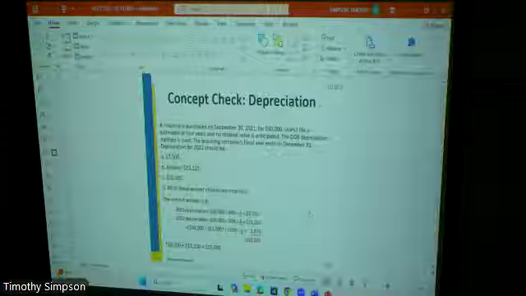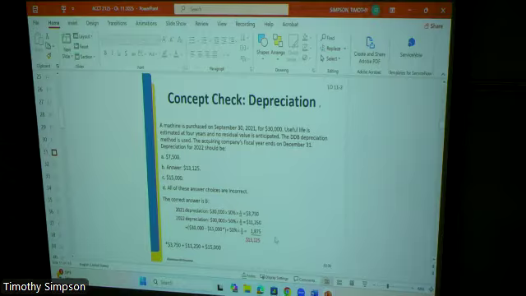And this is important to note because in real life, obviously, we don't buy assets on January the 1st or December 31st, or we don't dispose of them on December 31st or whatever the case might be. We're doing it all throughout the year. And as I mentioned, I think before in a previous discussion, that we usually, if it's between the 1st and the 15th of the month, accountants will simply say that's the full month.